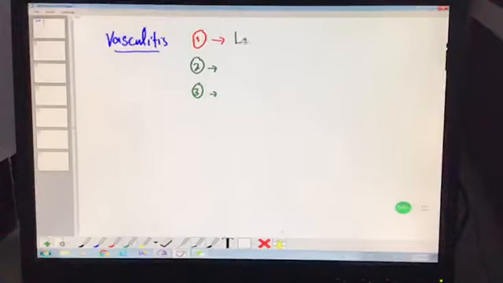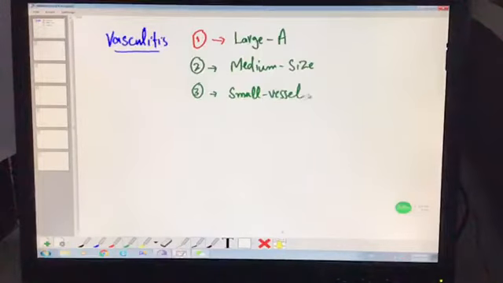According to vessel size, the inflammation involves large arteries, the large vessel vasculitis; the medium-size vessels; and the small vessels, the small vessel vasculitis. There are three different categories of small vessel vasculitis. This is an important classification.